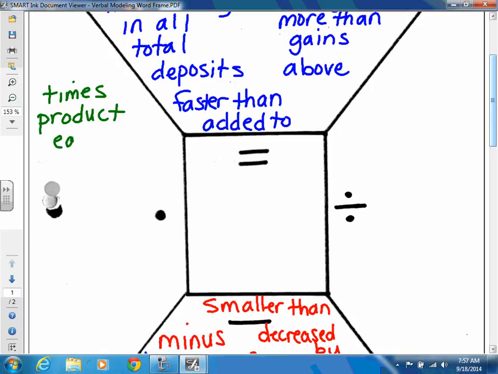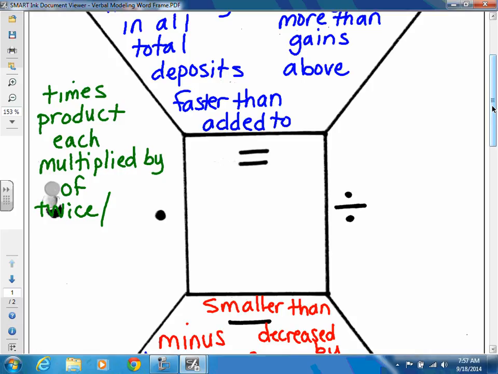The word each means to multiply, multiplied by, the word of. When you take a percentage of something, the word of means to multiply. Twice, right? And along with the word twice, the word double does the same thing. You multiply by 2. Okay.